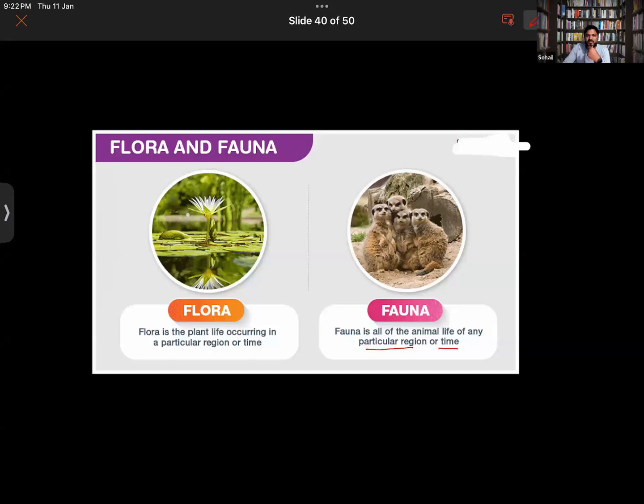Anyone knows at least one name? Black rhino. Good. There is also a very common animal that is kind of going extinct.